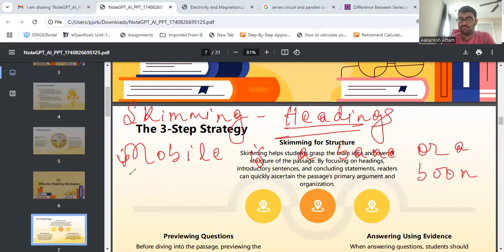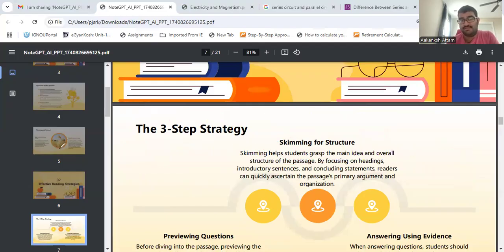I'm just giving an example. This is the heading. From the heading, we can understand the context, what this passage is all about. We are trying to extract the main idea. It'd be mobile is the main topic. Exactly. We need to focus first of all on the heading.